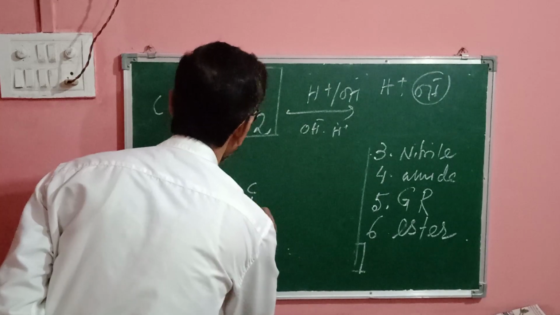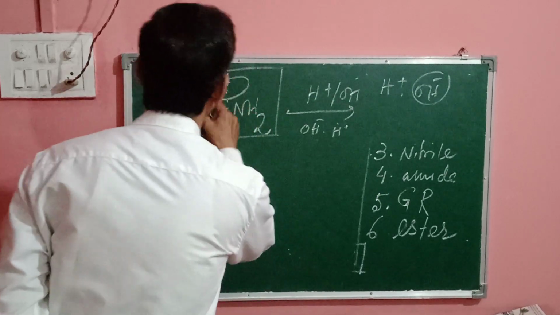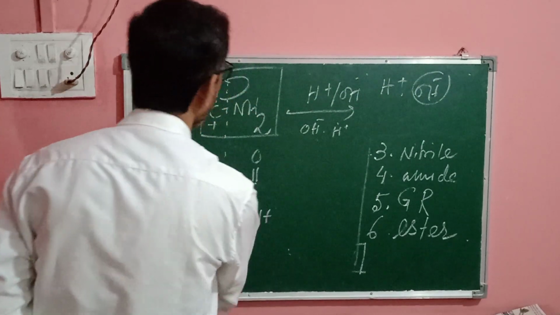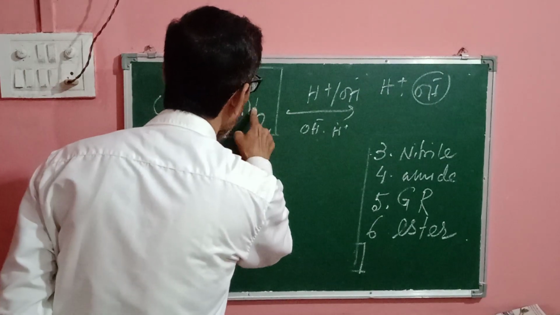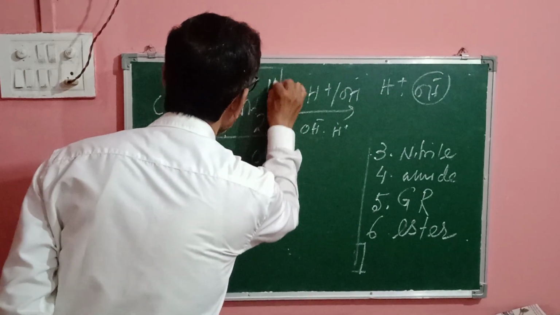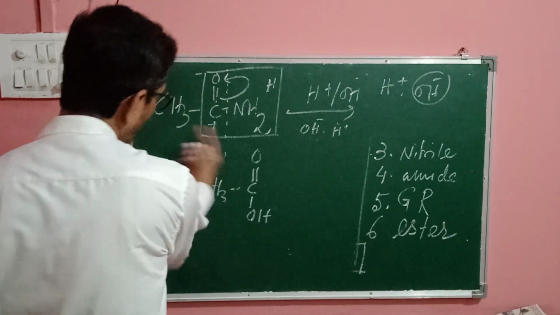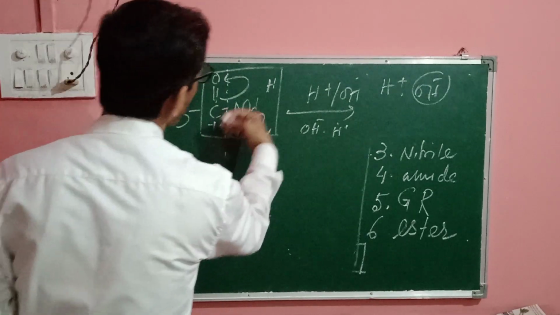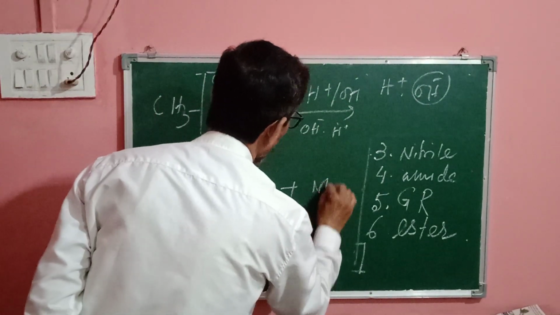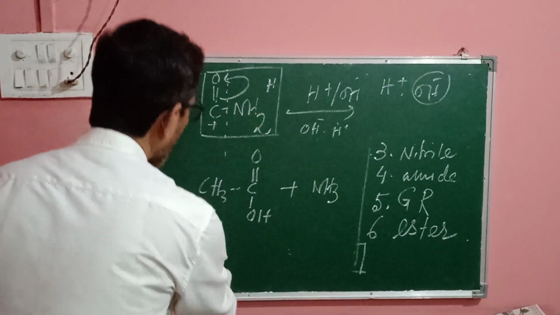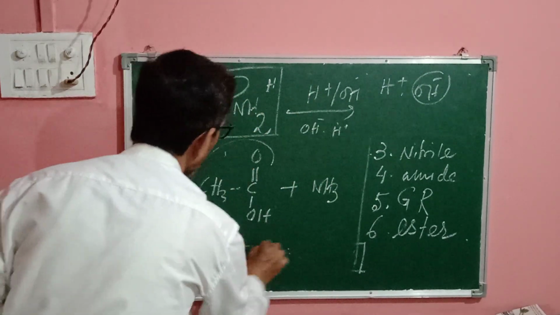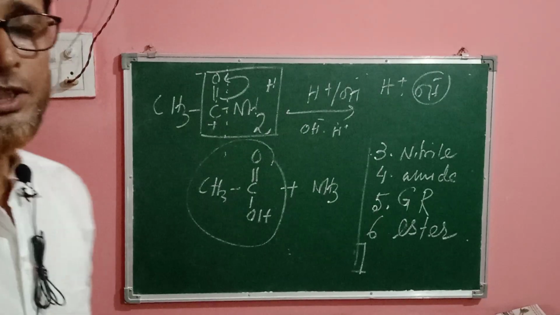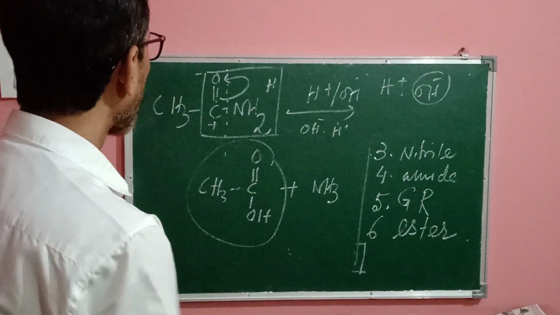CH3, C, OH, and double bond O, and the H part gets attached to the NH2, and OH is left. So you are getting CH3, C double bond O, OH. This is the simple way to keep it in your mind.